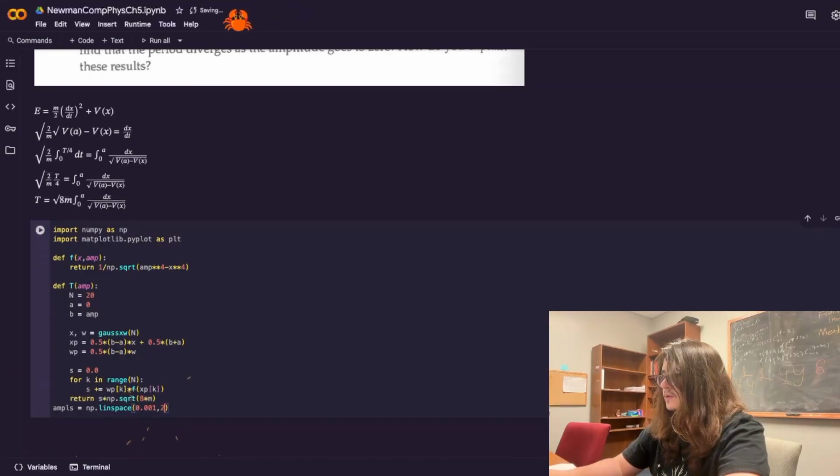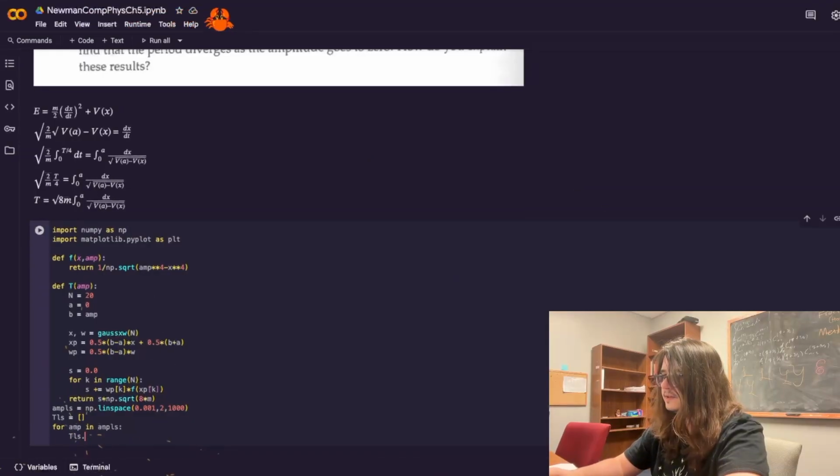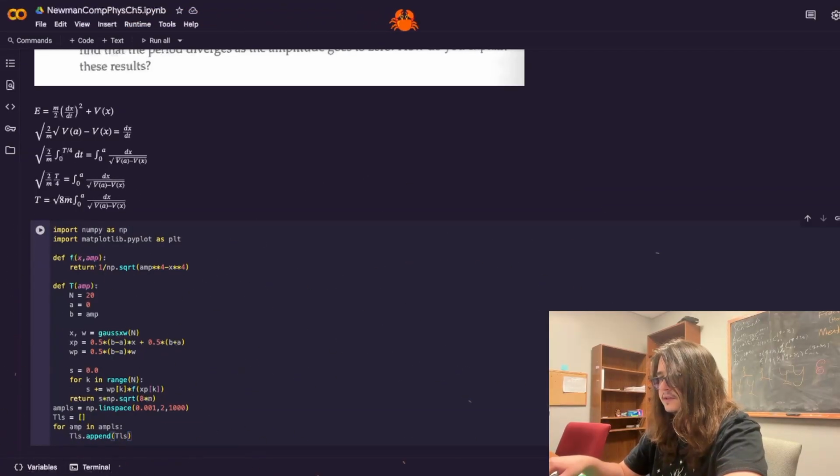But then go to 2 in 1,000 steps, and then just do for amp in amps, and then I should create an output list for the periods. So it's just going to be Ts, an empty list, Ts.append T of amp, of course.